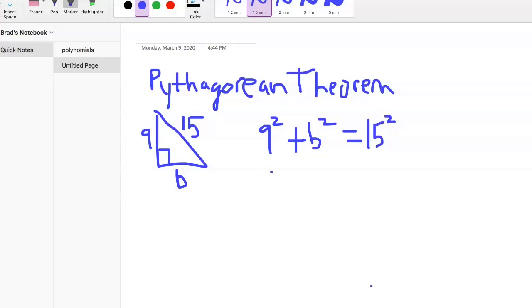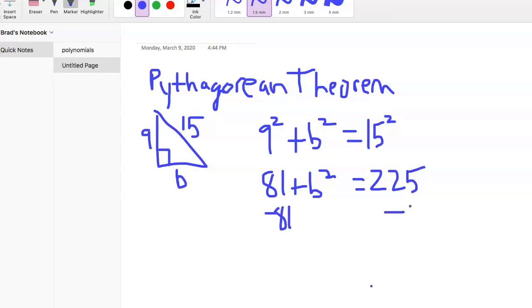9 times 9 is 81. b squared, we don't know what that is, not yet. And 15 squared is 15 times 15, which is 225. All right, so then we're going to get rid of that 81, because we just want to get b by itself so we can solve for it.